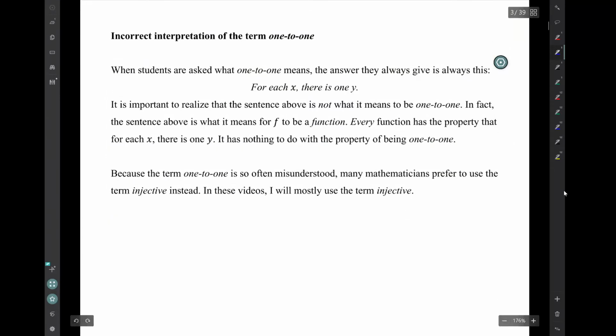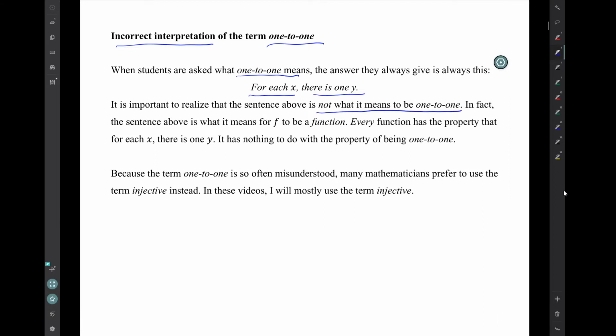Now I want to point out a very common incorrect interpretation of the term one-to-one. When students are asked what one-to-one means, the answer they always give is this. For each x, there's one y. It's important to realize that this sentence is not what it means to be one-to-one.